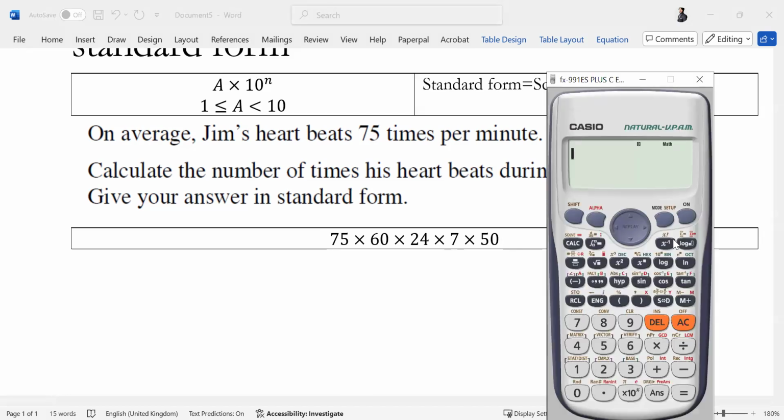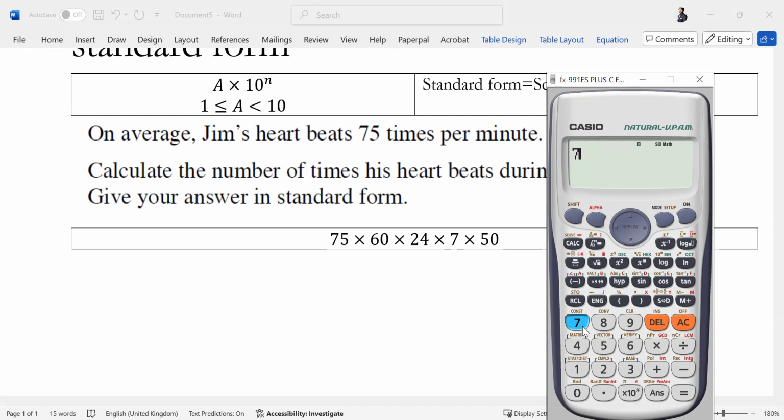Now, how will we use our calculator to get this answer? If we want our calculators to answer in standard form, we will go into setup and you see scientific notation written here. You select 7, which goes into scientific notation, and then it asks you how many significant figures you need. I'll just choose 3 right now.